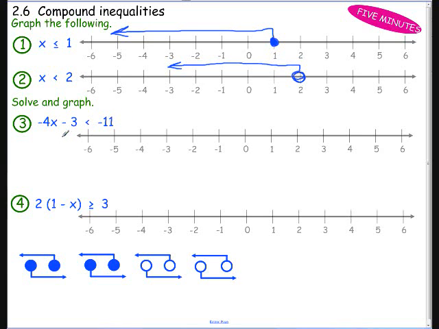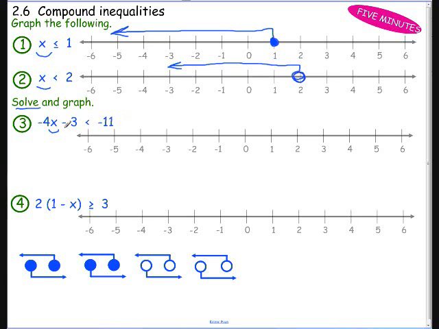This one we have to solve before we can graph it. What does that mean? It means we have to get this x all by itself. All right, we'll try solving it. We're going to use almost the same rules that we use for equations.